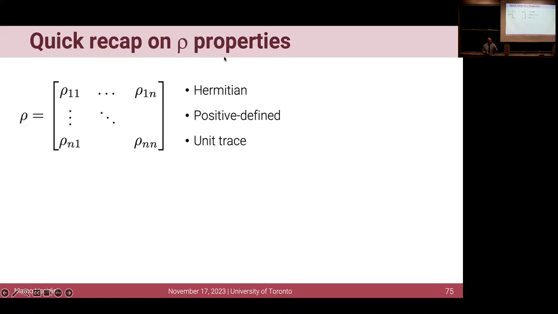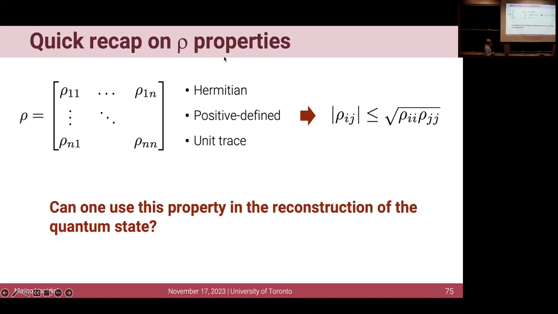And when I do that, I realized that the off-diagonal terms in modulus of the density matrix are basically limited by the square root of the product of the corresponding diagonal elements, okay? Where the equality sign holds when the state is pure, okay? So the question is, can I use this property in the reconstruction of the quantum state? Can I somehow exploit this property?